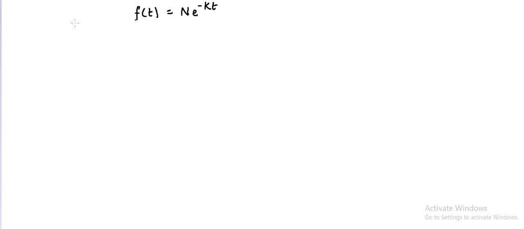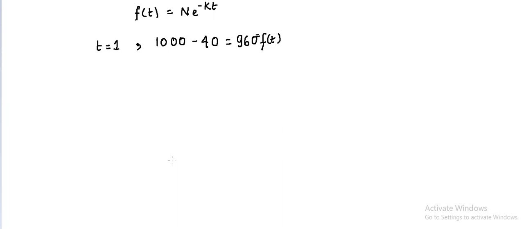Now, the data that has been provided is that 40 people heard about this vaccination after the first day. It means that when t is equal to 1, the number of people who have not heard about the vaccination will be 1000 minus 40, which is equal to 960. So when t is equal to 1, f of t will be equal to 960.